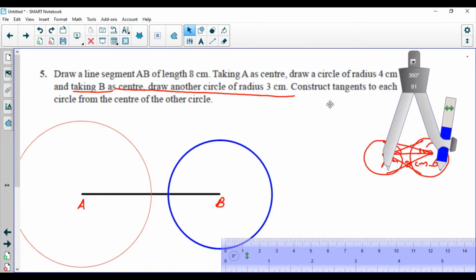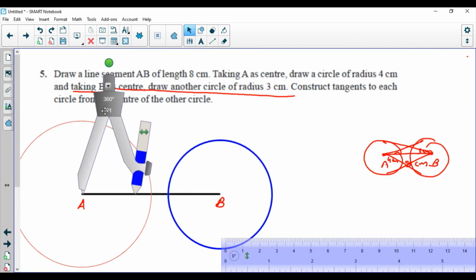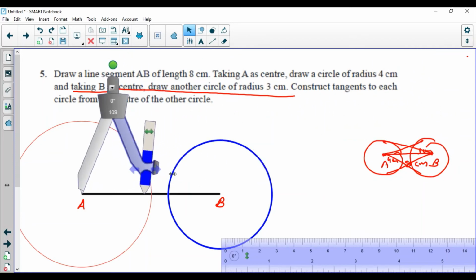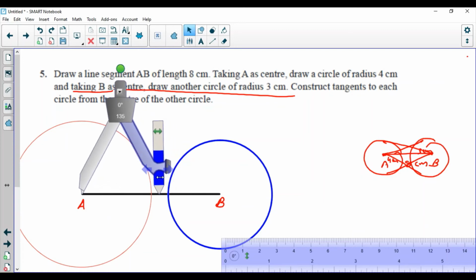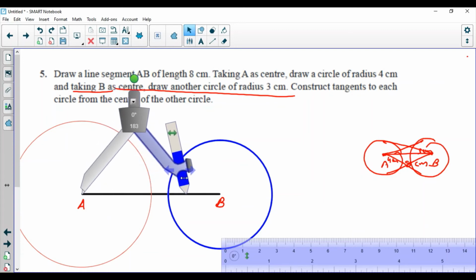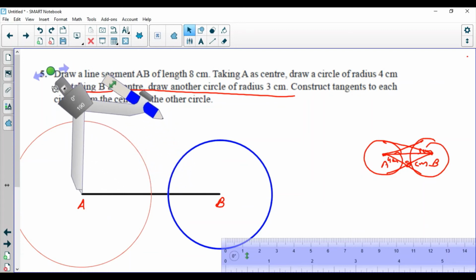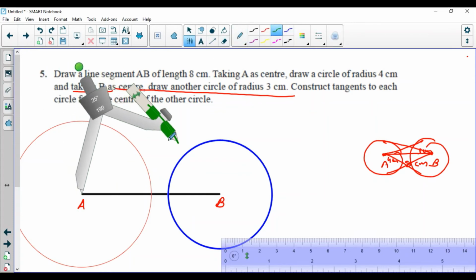Now we have to draw tangents to circle A from the point B. So B and A we should join, that is already joined. Then take a perpendicular bisector of AB. For that, this is the complete length; we will take more than half. One arc above, one arc below.